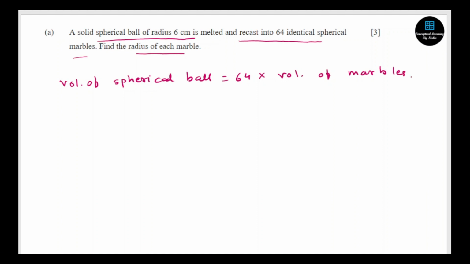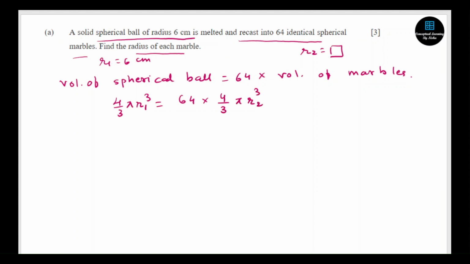Now for the sphere, we'll take R1 equals 6 centimeter, and we have to find R2 for the marble. Now I'll write the formula for each. So 4 upon 3 pi R1 cube equals 64 times 4 upon 3 pi R2 cube.